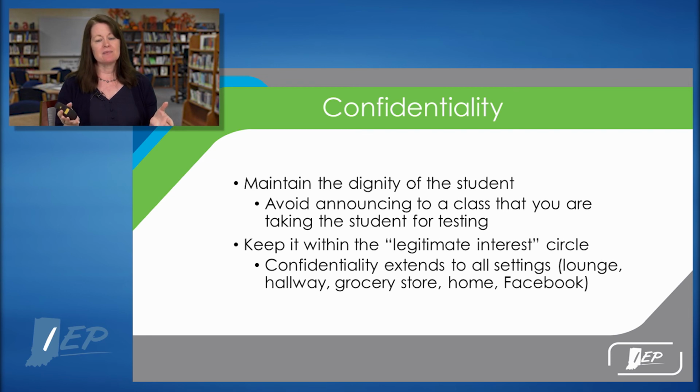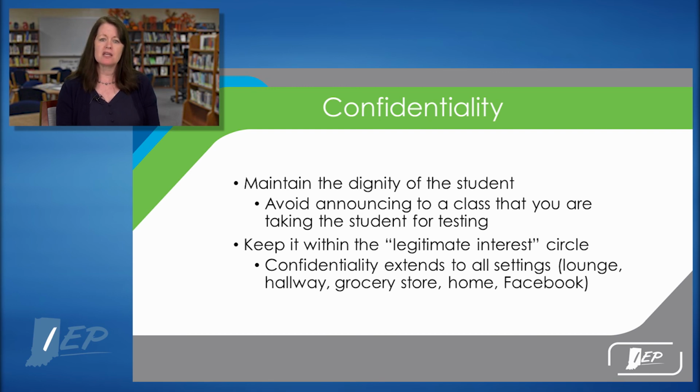So beyond just who can get into a file, it's also things like making sure that we're not having a conversation about a student in the teacher's lounge when there are a variety of teachers and sometimes even parent volunteers in there. Sometimes we don't know who all those bodies are that are milling around the school and have access to different places.